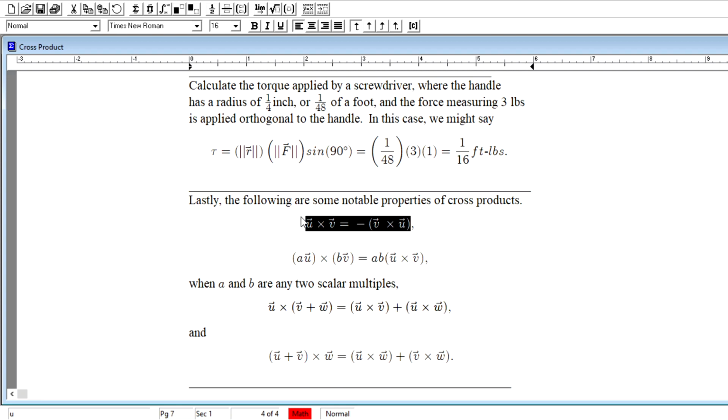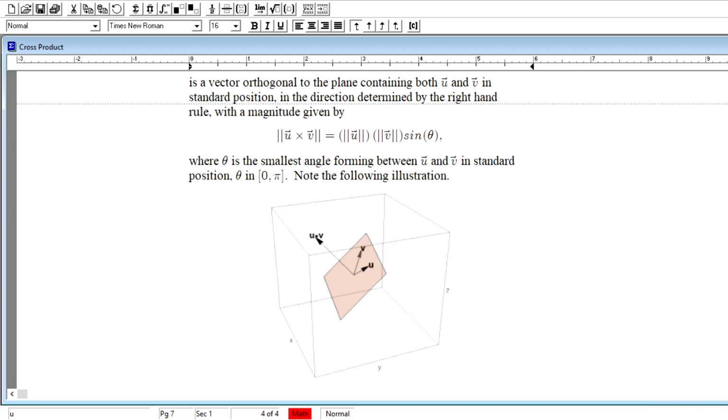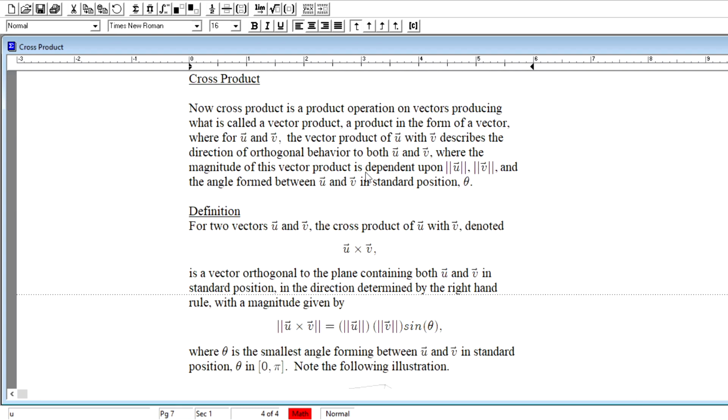All right. So, folks, again, that is the notes here on the cross product. Again, we're looking here just at vector operations, and this is the product of two vectors that produces what we call a vector product, a product of two vectors that itself is a vector.